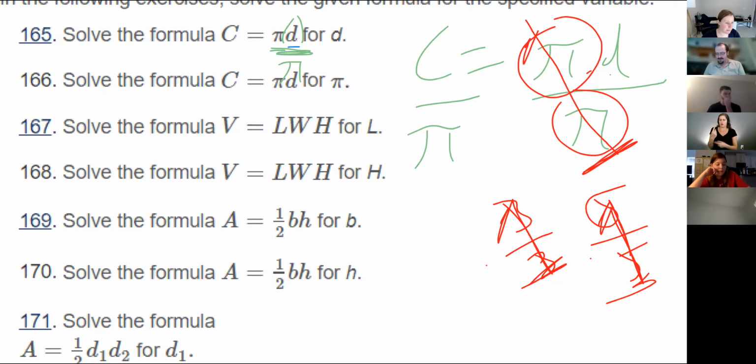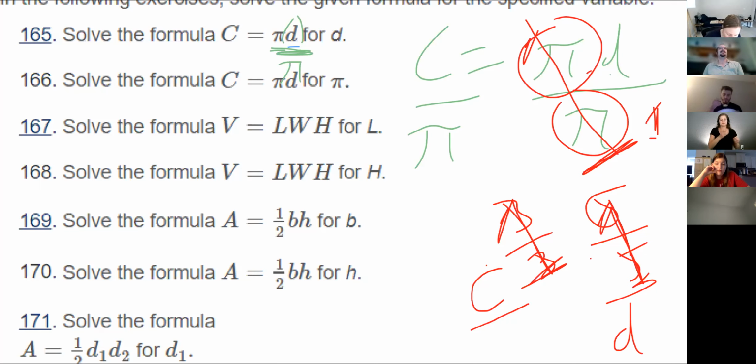So on the right over here, what do I have? I'm left with just my d, right? Once I get rid of my pi's, I have a d over 1, but that's just d. On the left over here, what do I have? I think some people want this to simplify out more than it does, and it doesn't really simplify out.